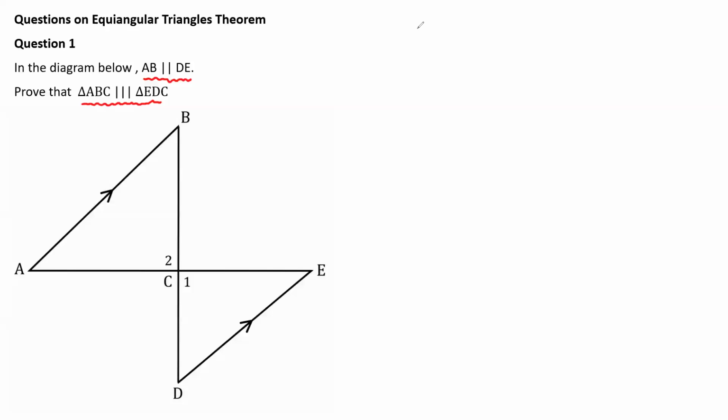Now listen to me, please. Here's my suggestion. You don't have to take it, but here's my suggestion. You're proving that ABC, so list it: A, B, C, is similar, list them: E, D, C. Let's go and look for ABC.